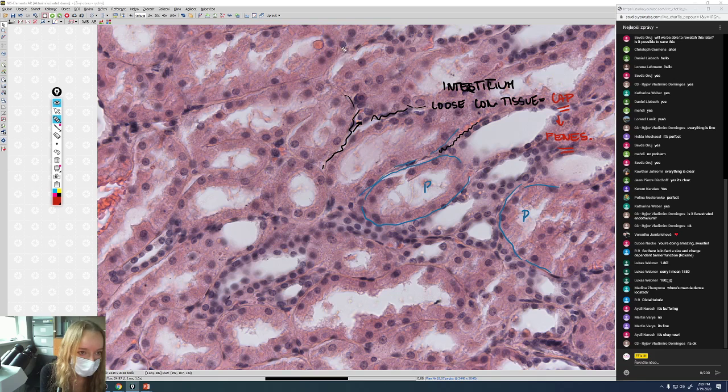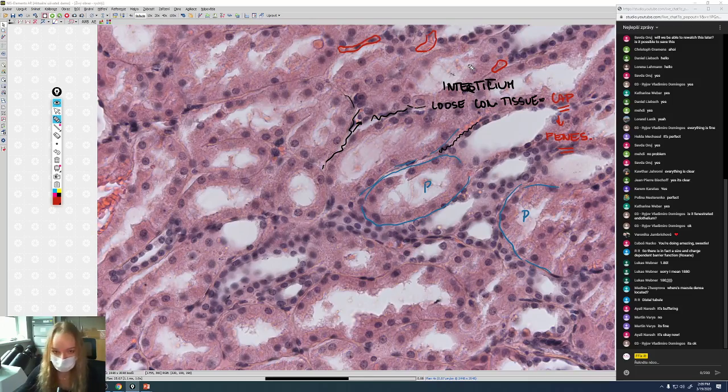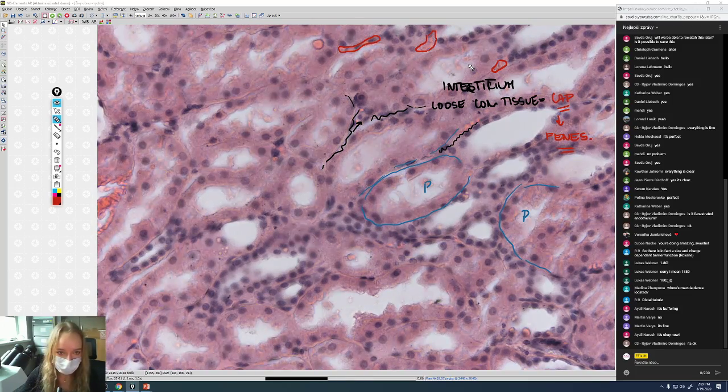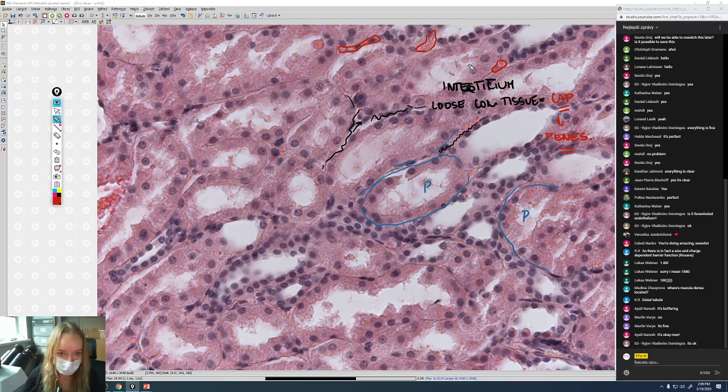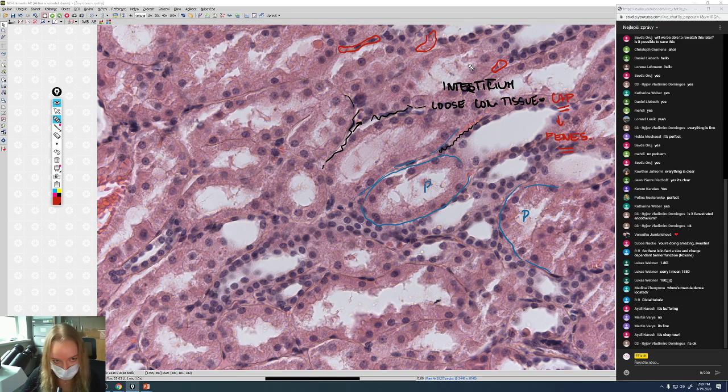This is too big, but here, maybe. This is a capillary right here. You can see the spaces with very eosinophilic erythrocytes. When I do this with the microscope, you can see them blink, the erythrocytes right here. So these are the capillaries which are fenestrated in the interstitium.